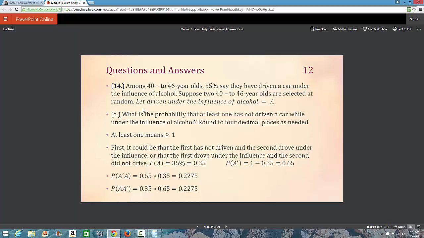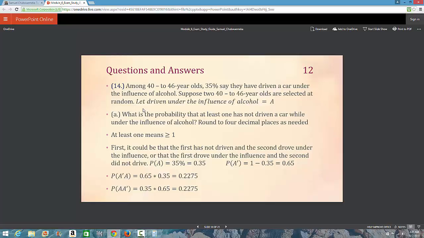That tells us right away that the probability of selecting a person among 40 to 46-year-olds who has driven a car under the influence of alcohol is 0.35.